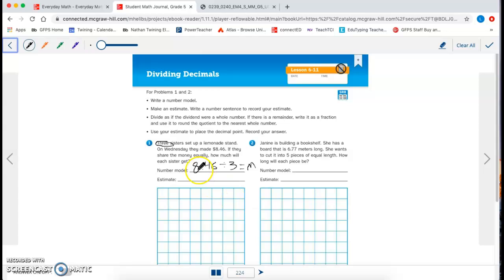So instead of doing that, I'm just going to know that 9 is a good number to use because I know that 3 goes evenly into 9, and it goes into 9 3 times.